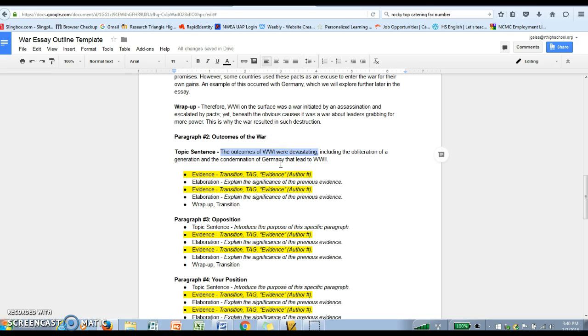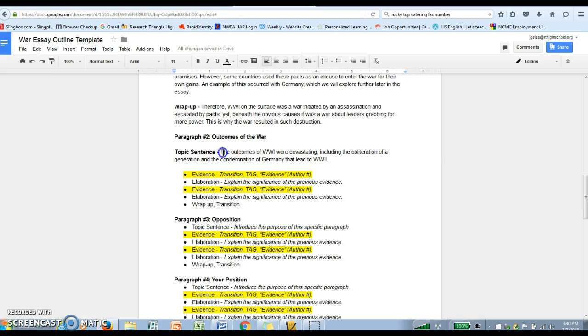These kinds of links are what create what we call flow in a paragraph, where one paragraph flows to the next because it has these natural transitions that have what we call word recognition, where destruction and devastation are similar words that cause us to recognize that these concepts will be connected.